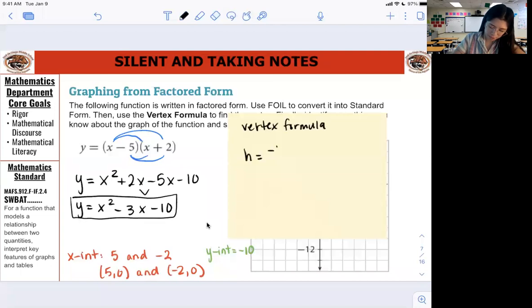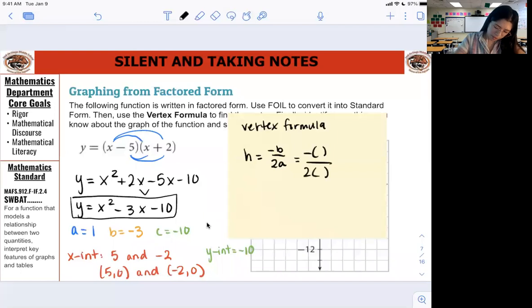h equals negative b over 2a. So what's my a? 1. Good. What's my b? Negative 3. And what's my c? Negative 10. All right, we plug everything in. So b is negative 3 and a is 1.